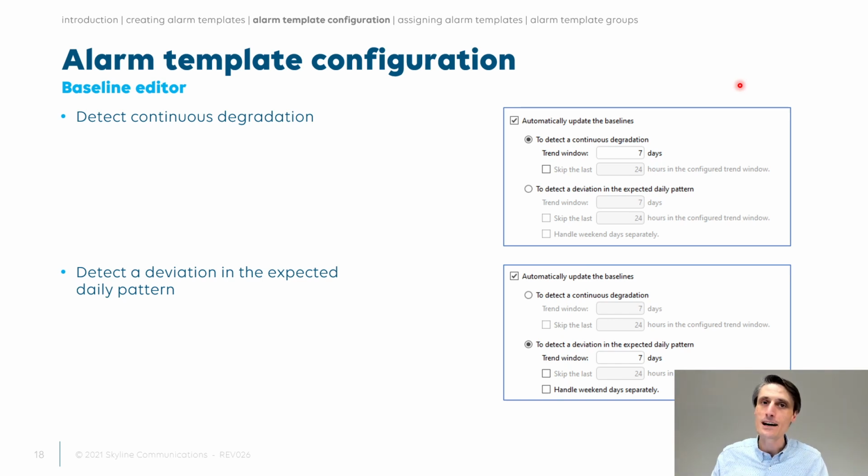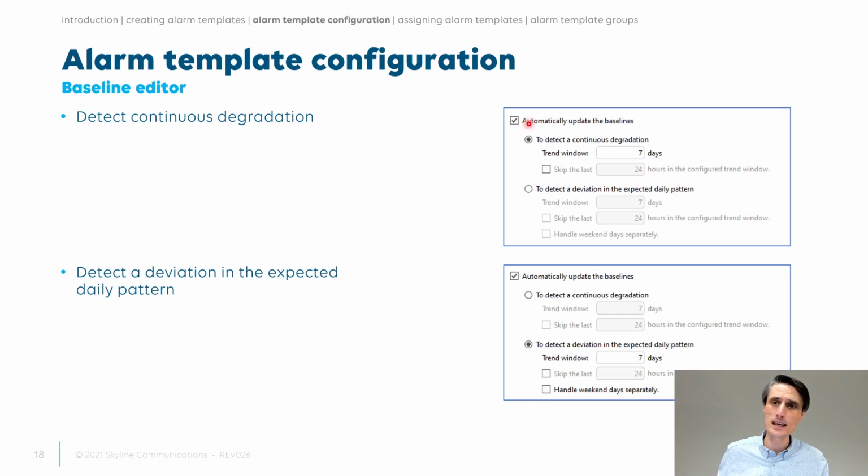First of all, you need to have trending activated on that parameter, because DataMiner will take a look at the trend history of the last couple of days or week, depending on how you configure it. Based on that history, it will do the configuration of your baseline, your normal expected value.